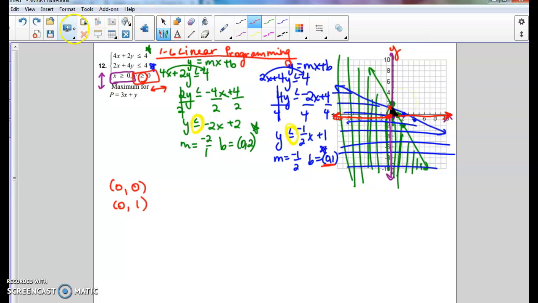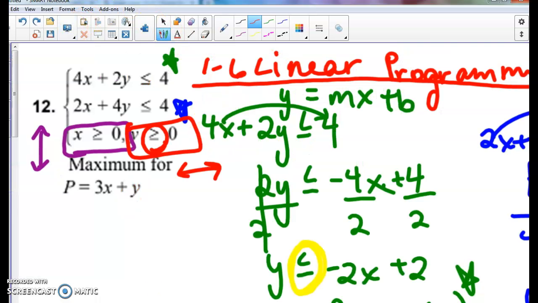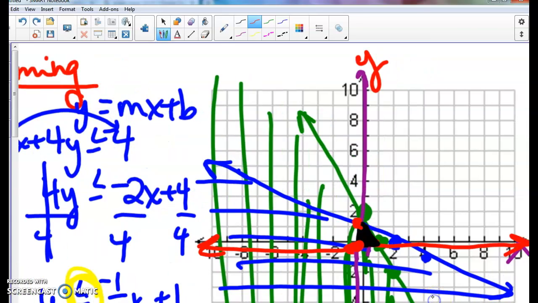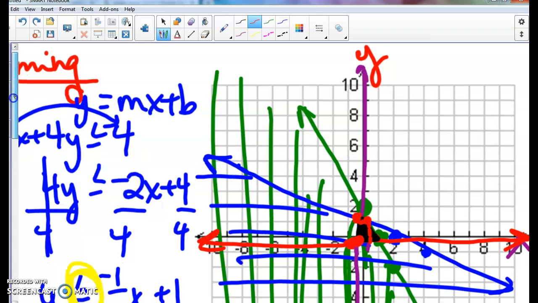Now this one's going to be a little bit harder to see, so let's zoom back in and see that graph a little bit better. So it looks like this one right here is almost at like 1/2. So 1/2 and 1.